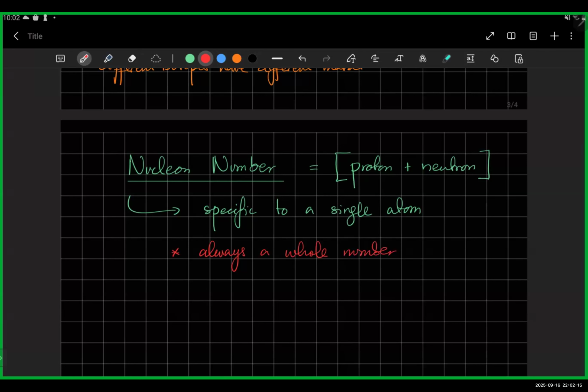Why is it always a whole number? Because you're counting nucleons. So sodium is either going to have 23 nucleons or it's going to have 24 nucleons or it's going to have 22 nucleons. Okay, but it's always going to be a whole number. Okay, so that's the difference.